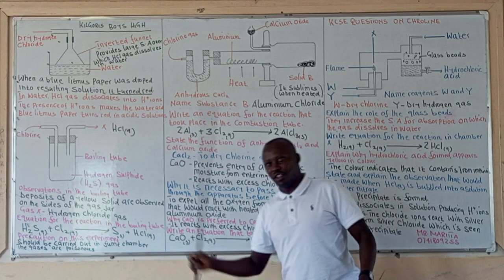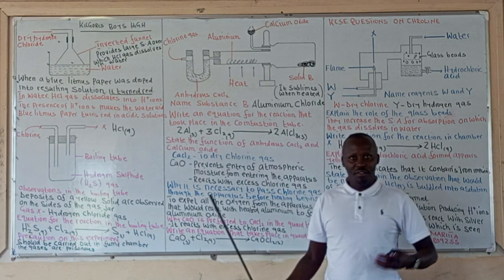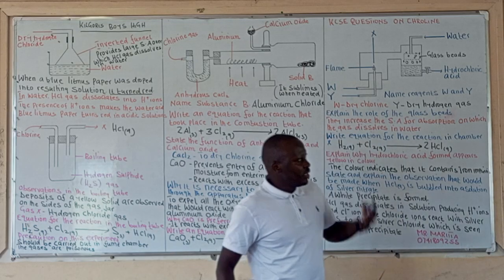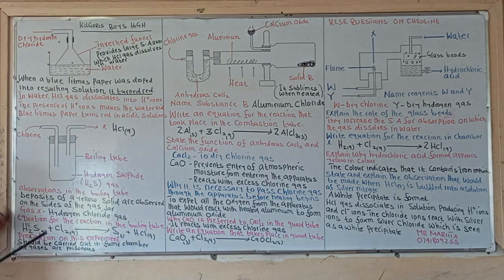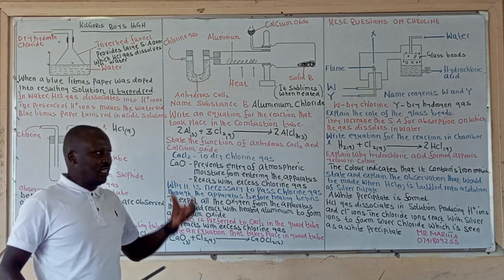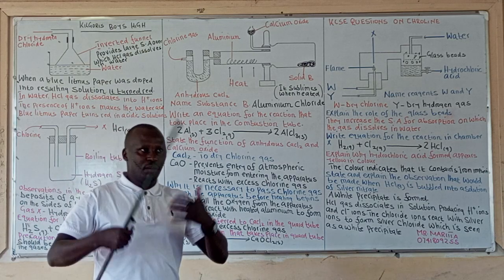So you will have hydrogen sulfide combining with chlorine. You have sulfur, and then you have hydrogen chloride gas. Sometimes also you will be required to state the precautions which will be taken while handling this kind of experiment.